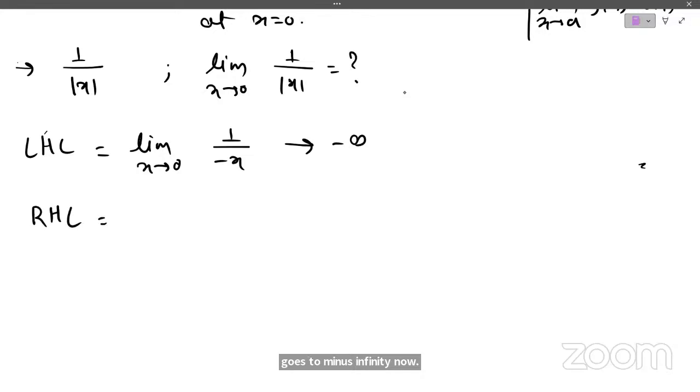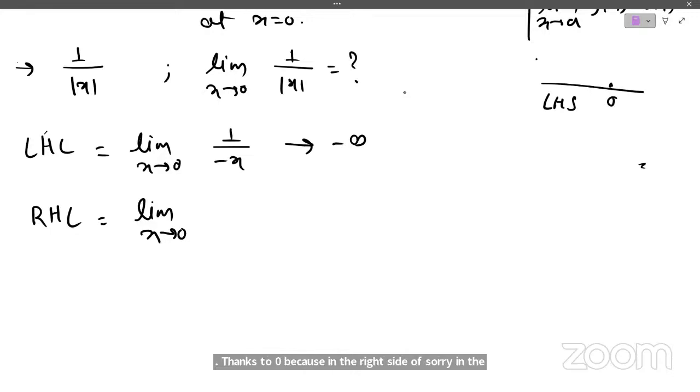On the left side of 0, mod x will behave like minus x, correct? And as x goes to 0 from the right, it is 1 by x, and it will go to plus infinity. So here also intuitively the limits are not the same, so the limit won't exist.